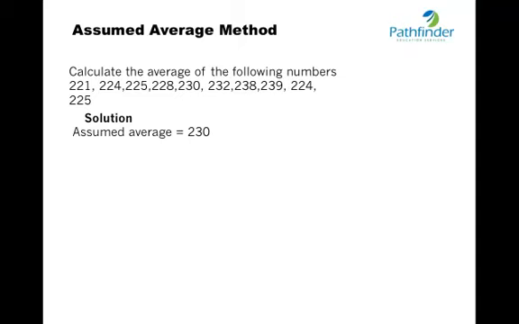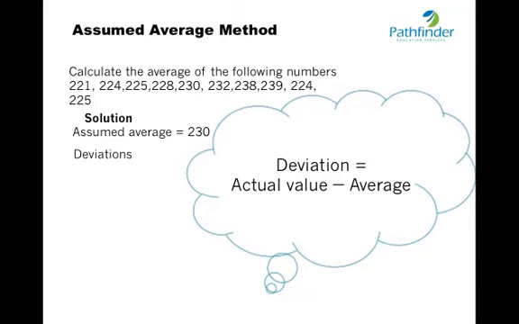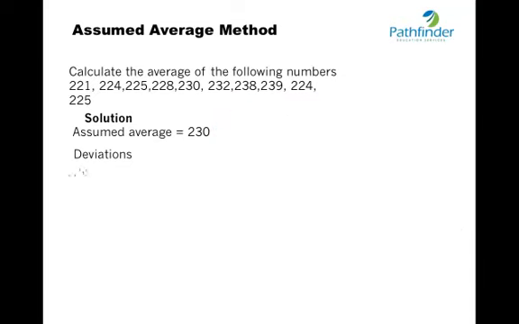So 230 lies between the numbers 221 and 239. So we calculate the deviations, which is again nothing but the difference of actual value and the assumed average basically. So 224 minus 230 gives you minus 6.